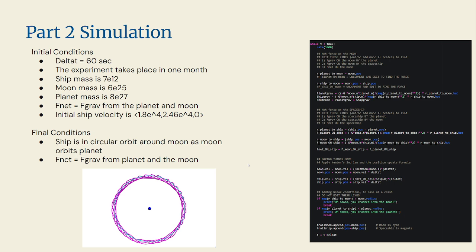But the F-net is still the force of gravity from the planet and the moon. And there was no crashing during the entire month designated time period. On the right here are my calculations for the force of gravity from the moon and the planet on the ship. We also used Newton's second law to calculate the position and velocity and make sure that the diagram actually moves.